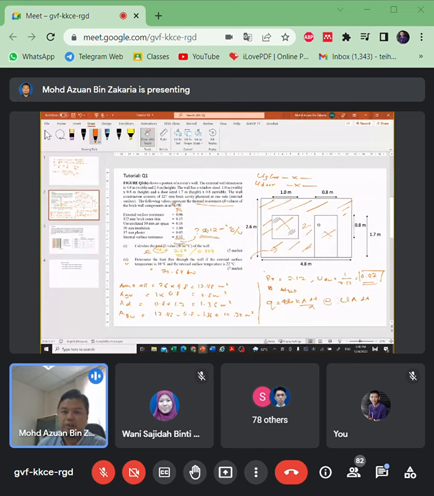Because we already have the total U value, we can use it directly: 0.47 multiplied by the area. We have to use this one, 10.32, only for the brick. Times the temperature difference, 12.